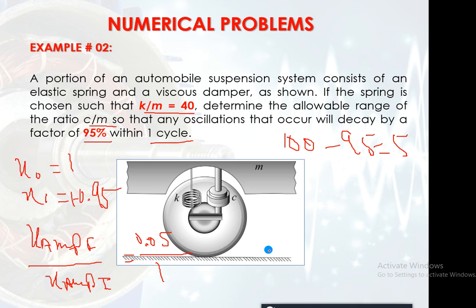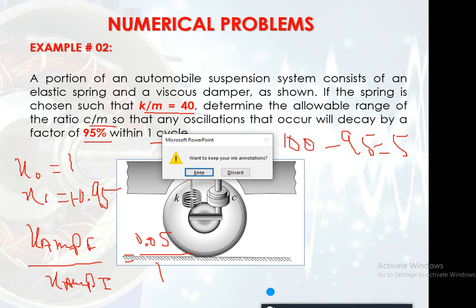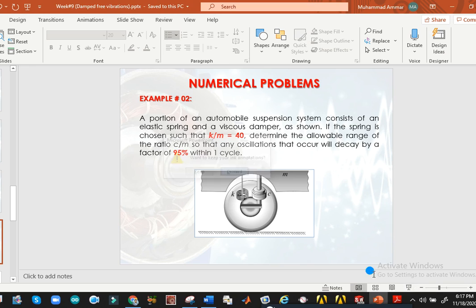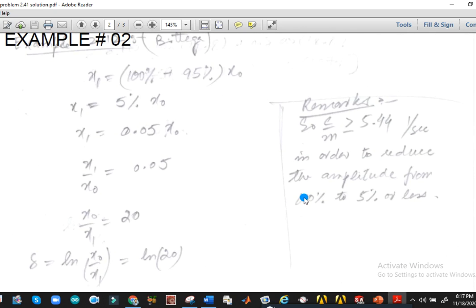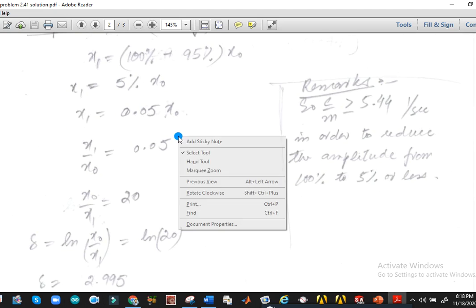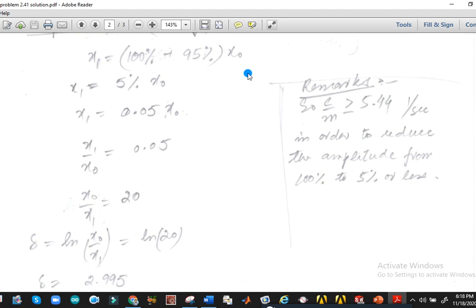Now let's go for the solution of the problem. Here you can see that suppose the initial amplitude is x naught and the final amplitude is 5% of the initial amplitude. So x1 over x naught is equal to 0.05.